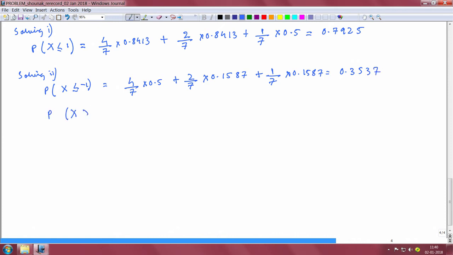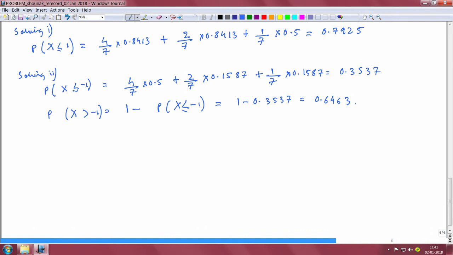You need probability of x greater than minus 1, this is 1 minus probability of x less than or equal to minus 1, which is 1 minus 0.3537 equal to 0.6463.